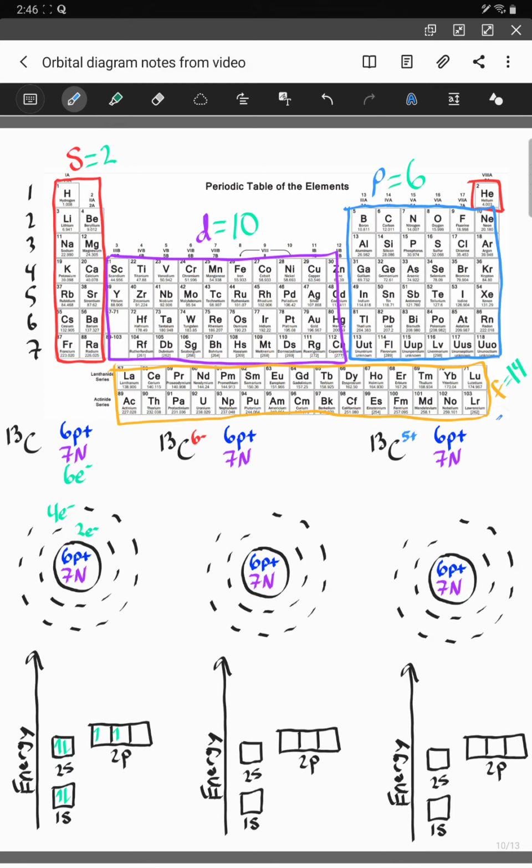Let's look at what happens when we have carbon-13 with a -6 charge. It might be a good time to pause the video and attempt this on your own if you think you understand what's going on. This is a little bit different, but I think that some of us will be able to solve this from what we already know at this point.